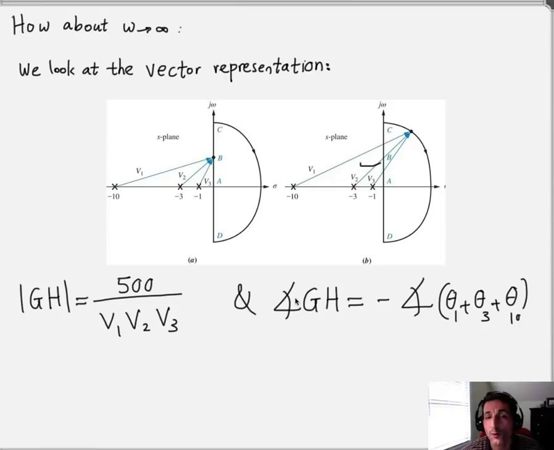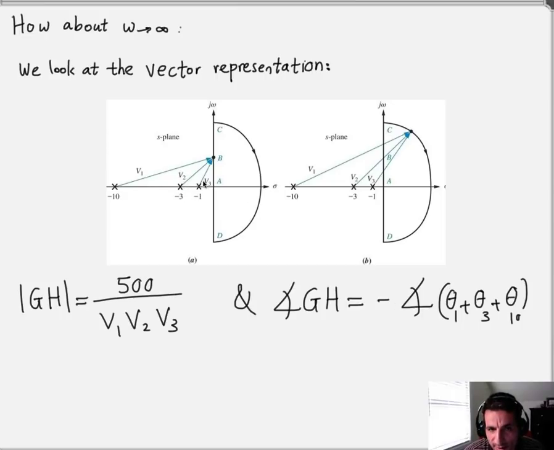And for the phase angle, it's just going to be the phase angle of 500, which obviously is 0 degrees, minus this phase angle, minus this phase angle, minus this phase angle. So it is minus the summation of theta 1 plus theta 2 plus theta 3.